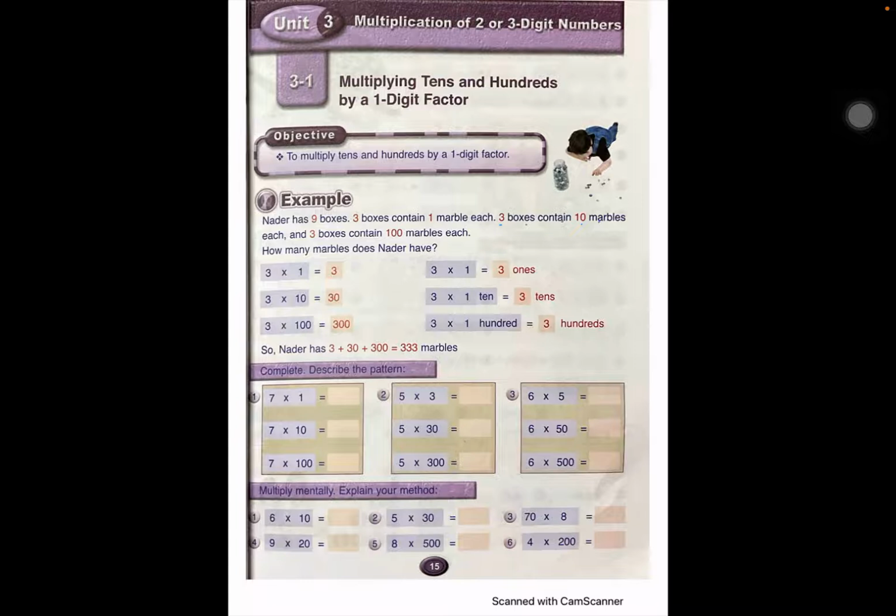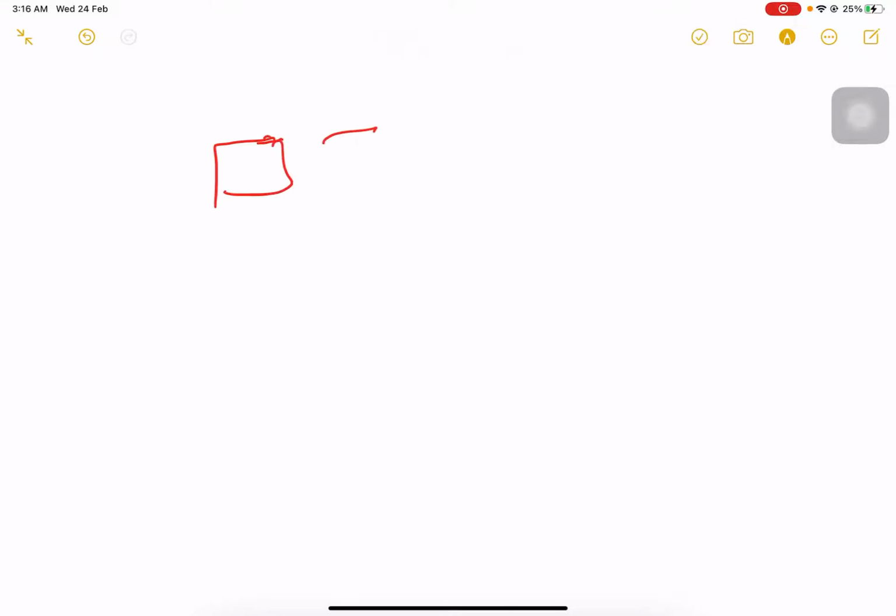They said example 1. Nader has 9 boxes. He has 3 boxes contain 1 marble each. Another kind, 3 boxes contain 10 marbles each, and 3 boxes contain 100 marbles each. So Nader has 9 boxes, 9 kind of boxes.